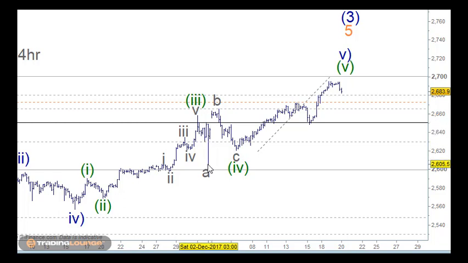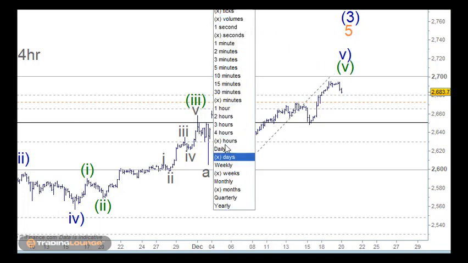But wave A was a little bit of a spike, so it was a little bit difficult to read, but normally it would pull back to this wave 4 of 1 lesser degree here, so that's why I still like to call it an expanded flat, as an A and a B and a C wave. And then from this wave 4 here, we're looking up for wave 5 here.